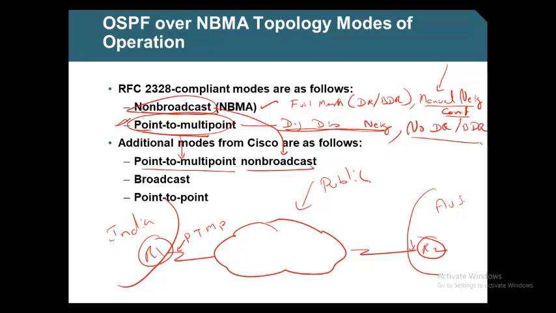So forming neighbor dynamically is not safe. Without your knowledge, someone will form neighbor with your router, which is not safe. When you manually configure neighbor, you know with whom your router is shaking hands. So that is what this is about. No DRBDR.